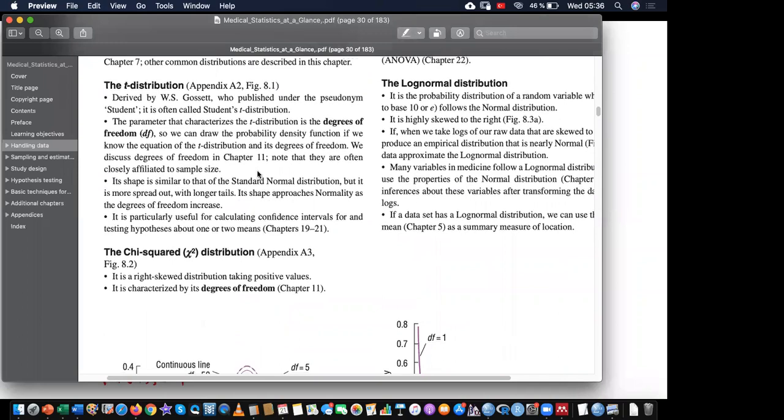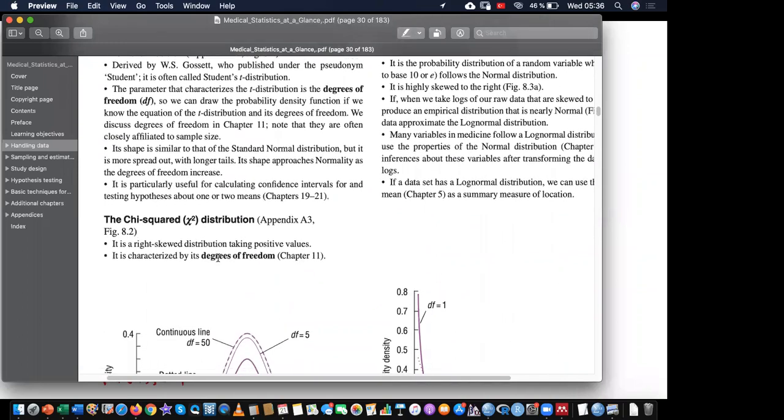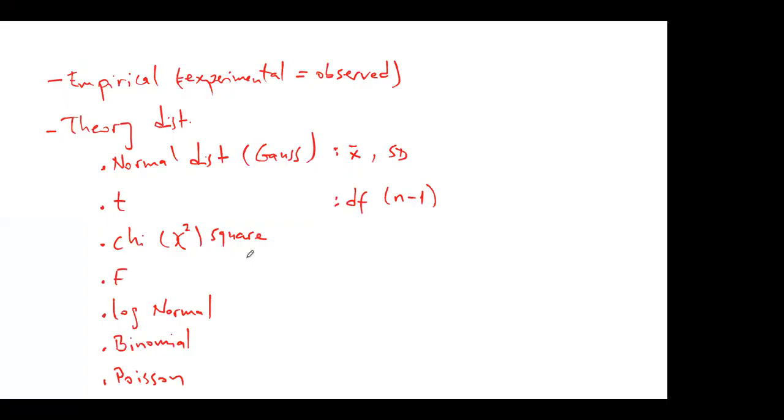Okay. Then the chi-square distribution, it is characterized by the degree of freedom. The chi-square also is defined by the degree of freedom. Degree of freedom again here.